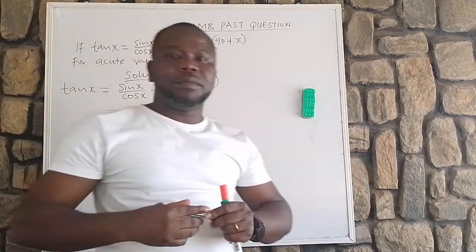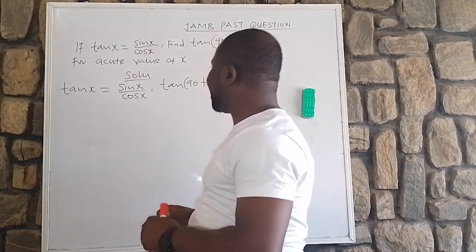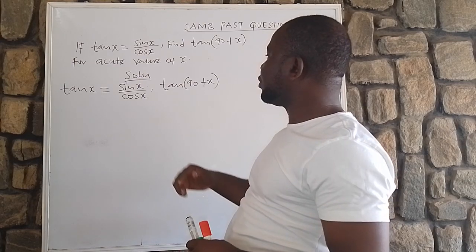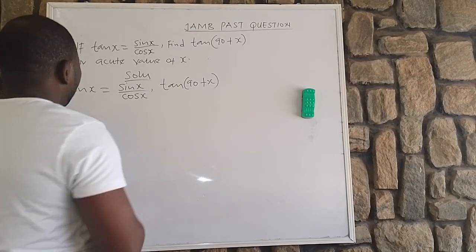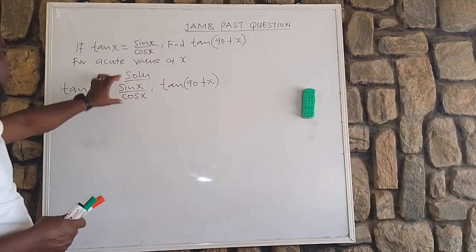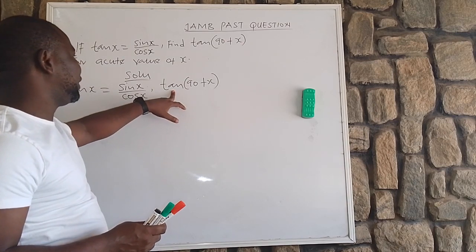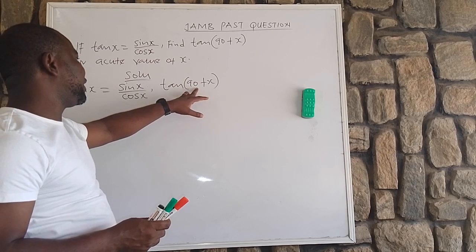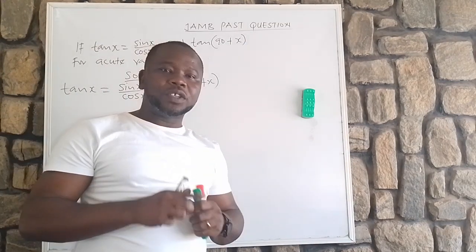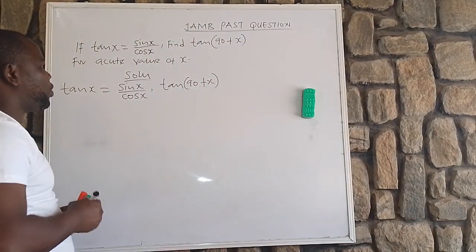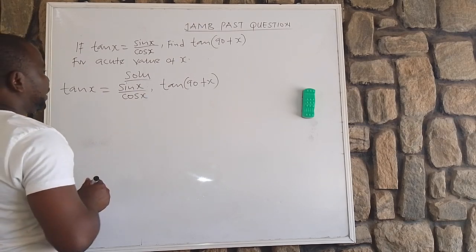When you come across questions like this, what will first come into your mind is, you know that from trig, tan x is the same thing as sin x all over cos x. Then now they said tan of 90 degrees plus x. So what you will first consider is to go back to half angles. Is that clear?